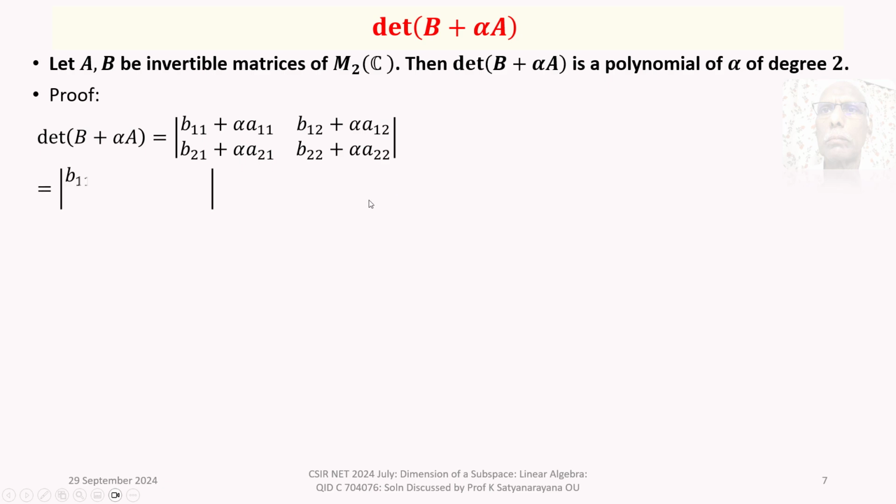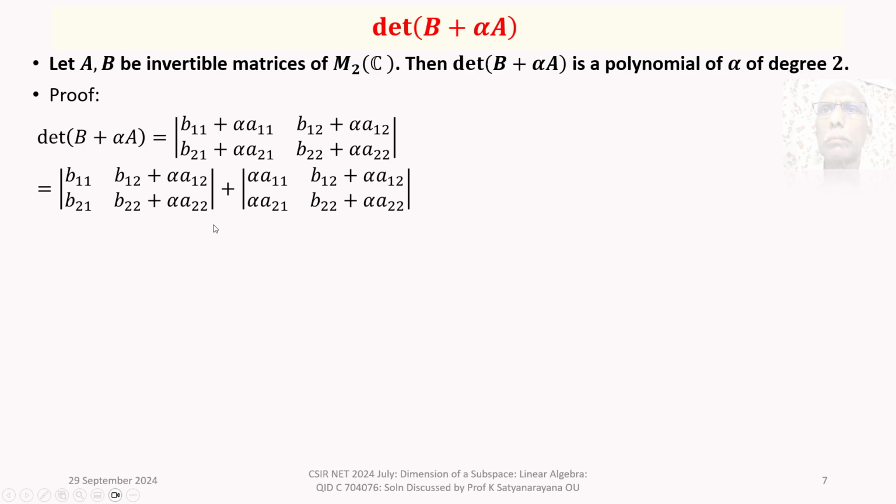So this will be the first determinant B11, B12 plus alpha A12, B21, B22 plus alpha A22, plus determinant of alpha A11, B12 plus alpha A12, alpha A21, B22 plus alpha A22. Again, it will be the sum of 4 determinants you will get.